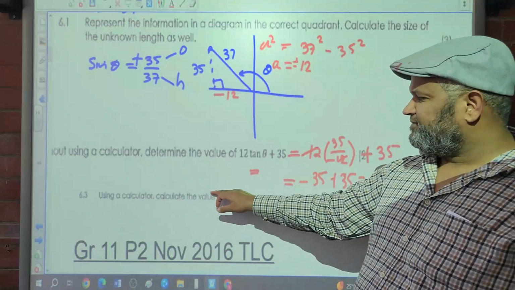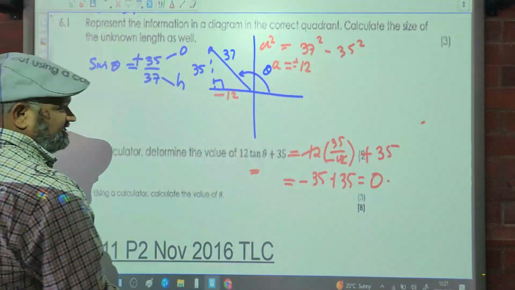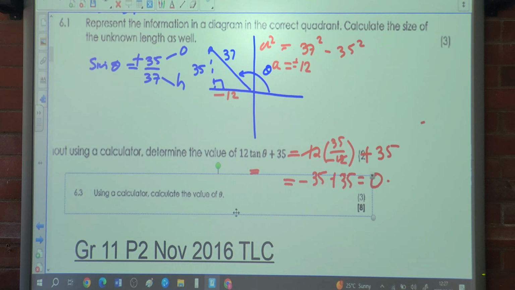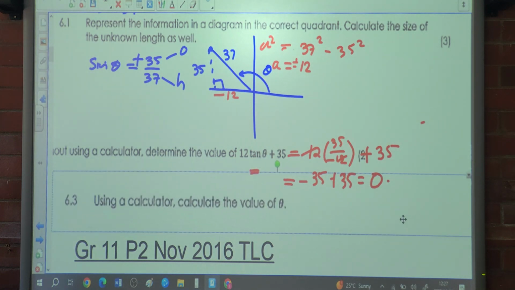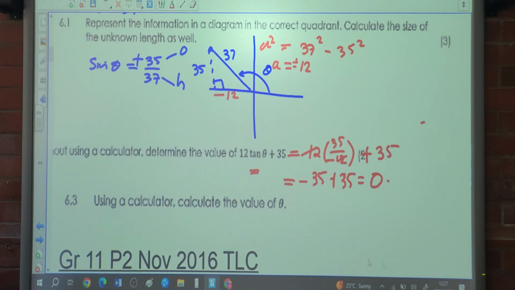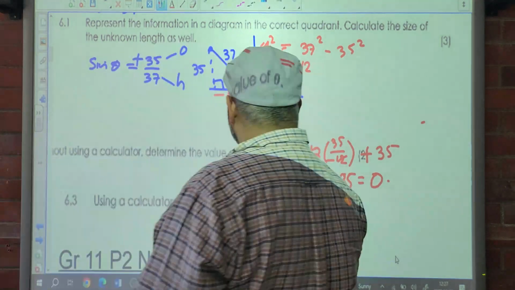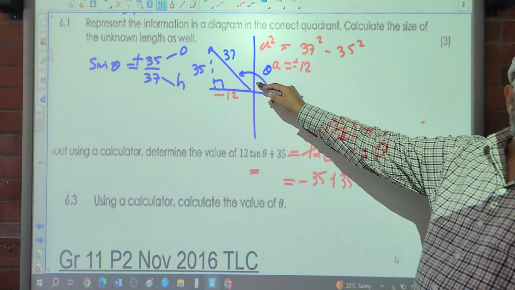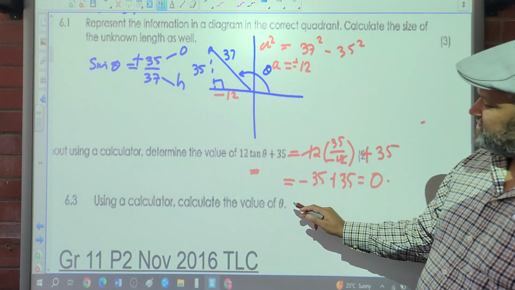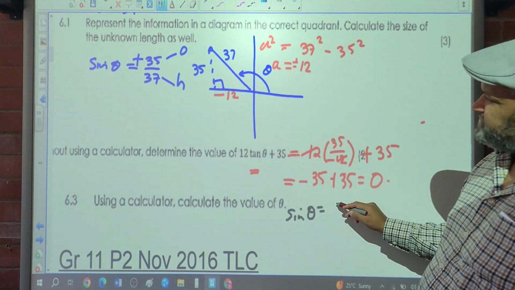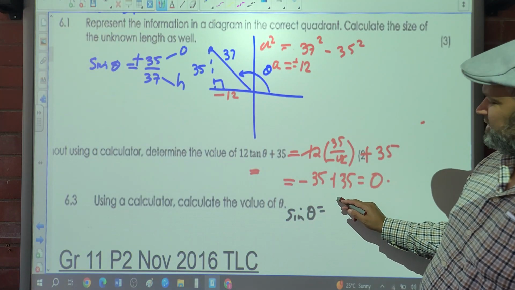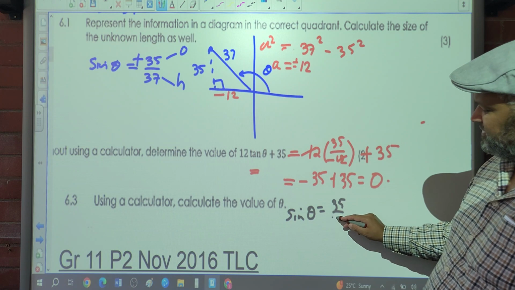And then the last one here. Using a calculator, calculate the value of theta. So now we're using a calculator. Okay. So when you work this out, there's your theta angle. So we say sine of theta is equal to 35 over 37.